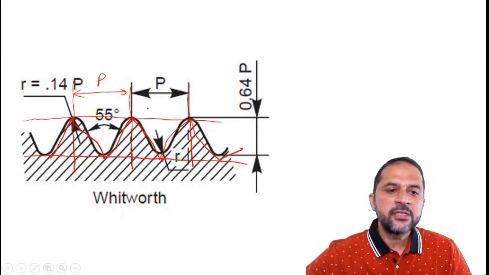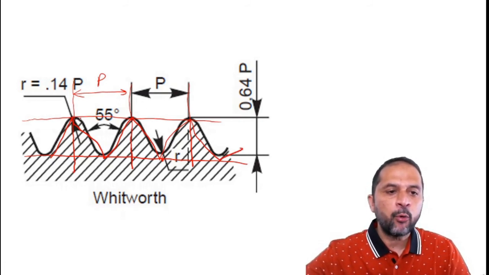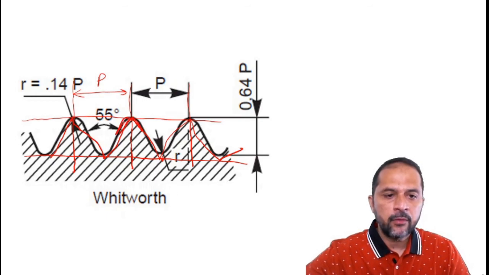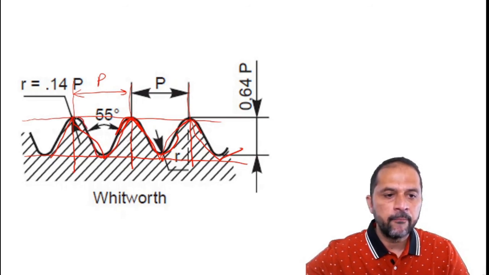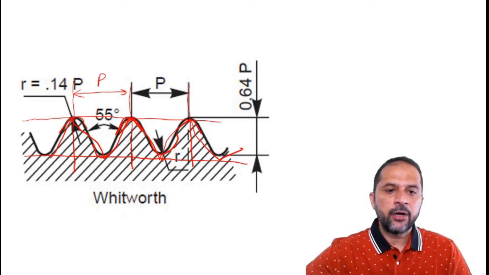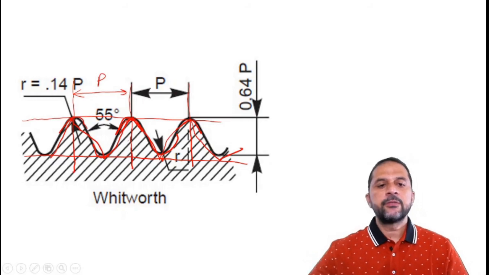The only difference is that these arcs are of radius 0.14 P. So we take 0.14 P in our compass, and at this point we make an arc. Similarly, at the bottom we make this arc, and we continue wherever these arcs are being made. In this way we can draw Whitworth threads.